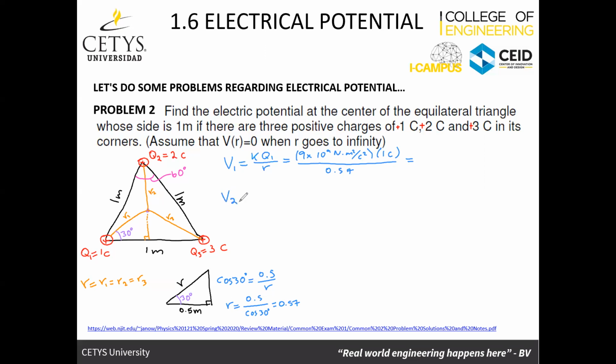Then the potential of 2 is going to be K Q2 divided by R, which would be 9 times 10 to the 9 newtons meters squared per coulomb squared, multiplied by 2, which is actually going to be 2 times the first one.